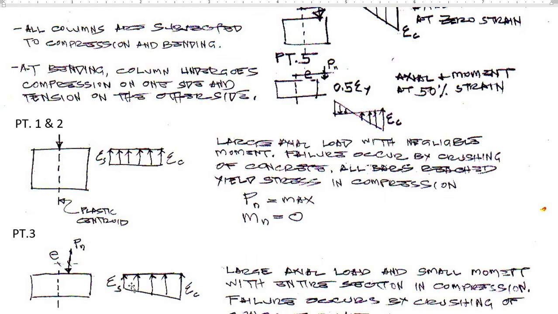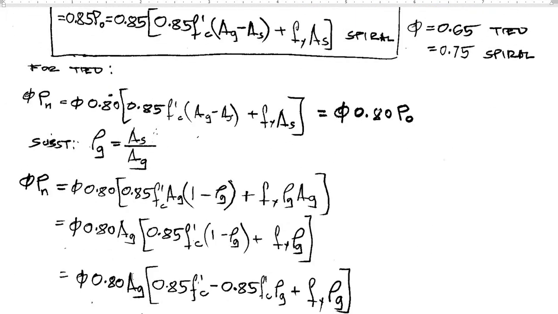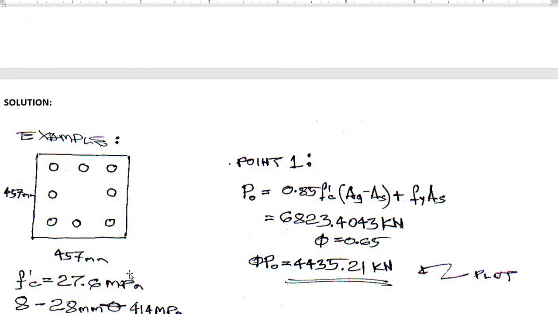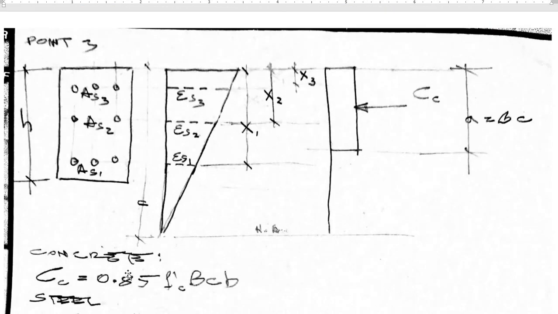Lahat naka-compression siya. Pati yung steel compression pa rin. Yan. Okay? So, ang assumption mo dito, ito yung this is the distance of the neutral axis to the extreme compression fiber.